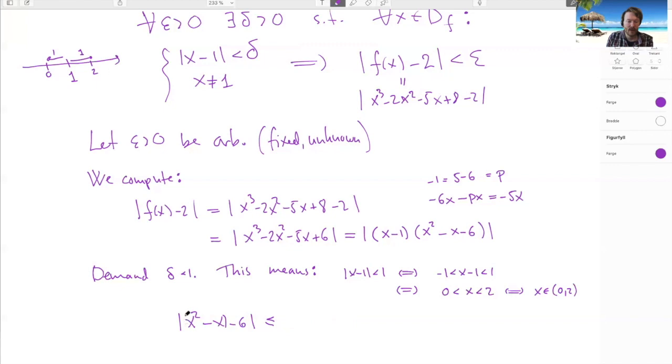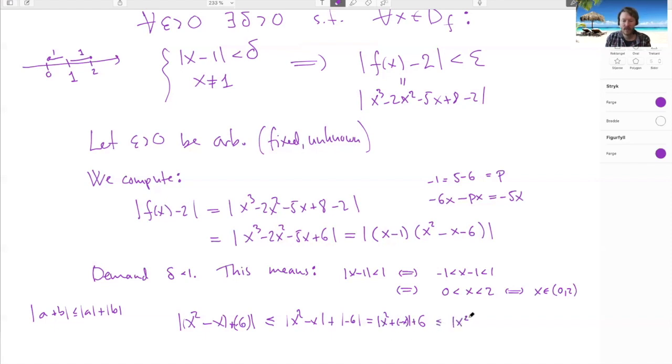So the triangle inequality says what? It says that the absolute value of a plus b is less than or equal to the absolute value of a plus the absolute value of b. And here I can call this my a and minus 6 my b. So this is then smaller than this. And now the minus gets killed here, so that's just a 6. And then I have my absolute value of x squared minus x, but this I can write like this if I want. Then I apply the triangle inequality once more.